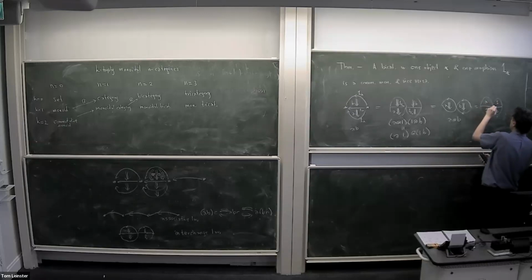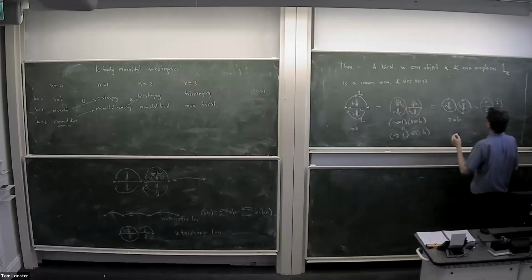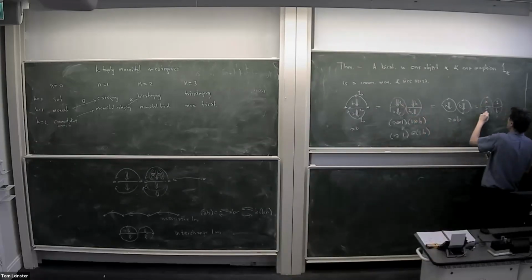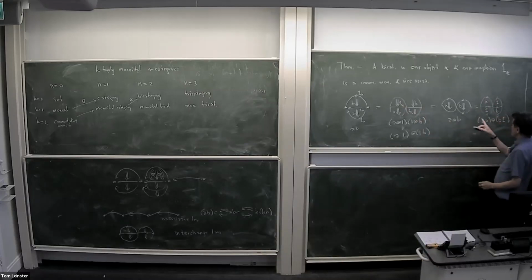I'm just writing 1 instead of 1 of star because it gets too tiring. So here you see I've just written A as A tensor 1, and I've written A as 1 composed with A, and then I'm tensoring that with B composed with 1. So that's equal to that.